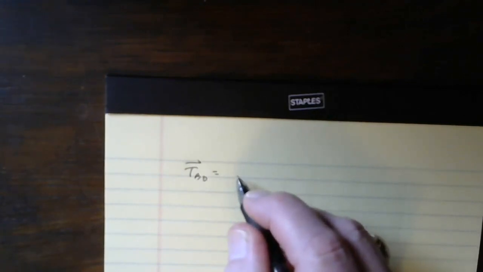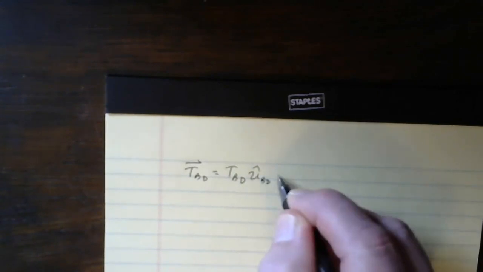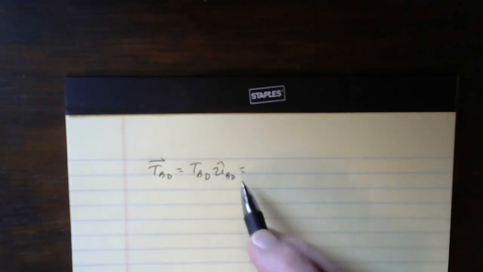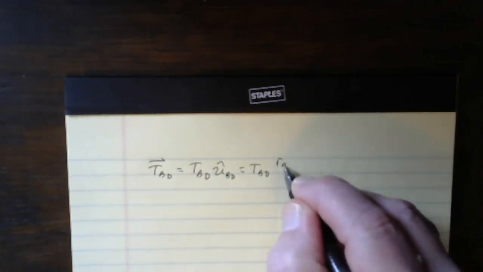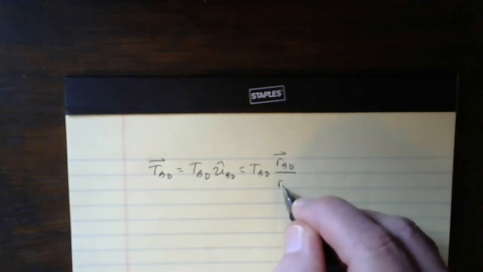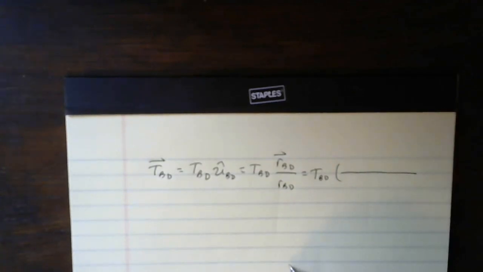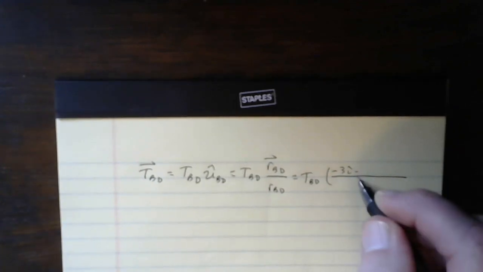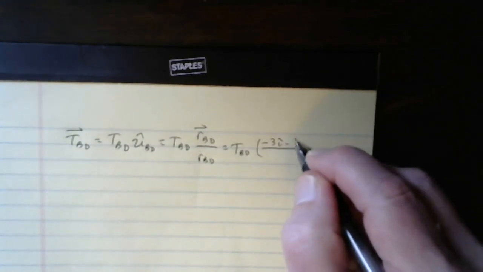The cable tension TBD is a vector, is TBD times UBD. The direction of the cable tension TBD is the same as the direction of the position vector from B to D. So this is RBD over its magnitude. This would be minus 3i, using the coordinates, minus 4j, plus 4k.